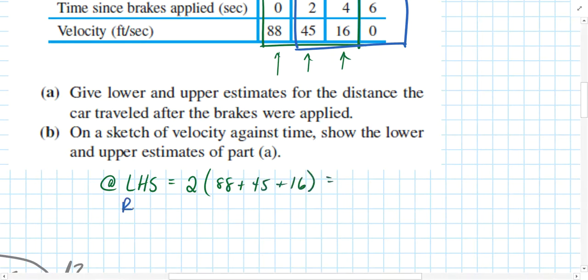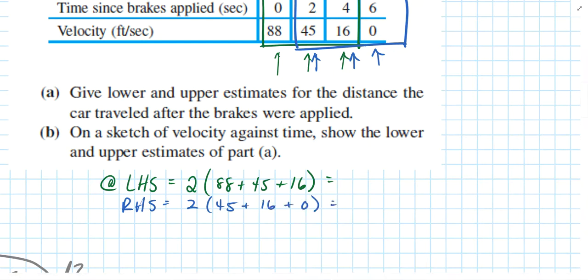For the right-hand sum, the width again is 2, only this time we're looking at these 3 y values: 45, 16, and 0.